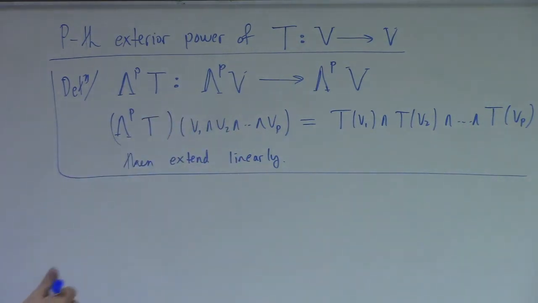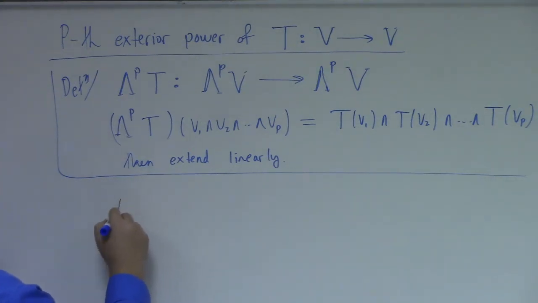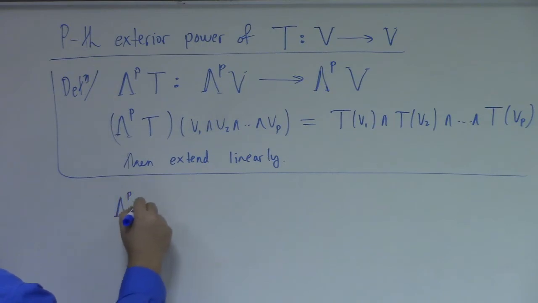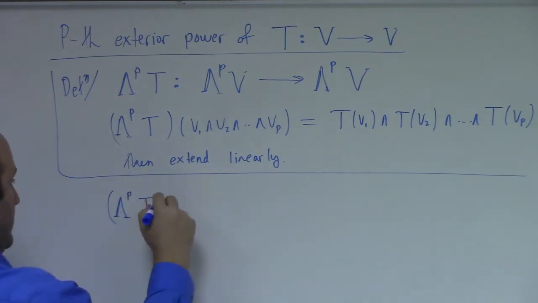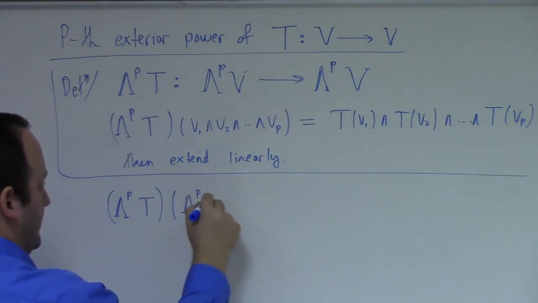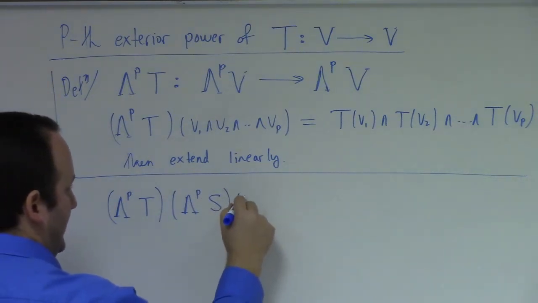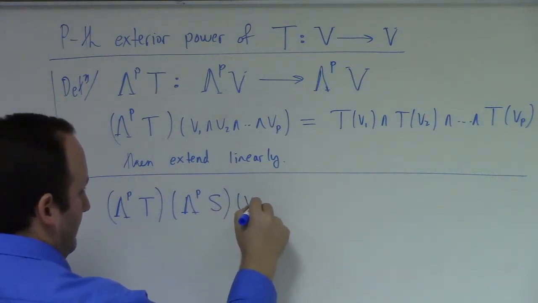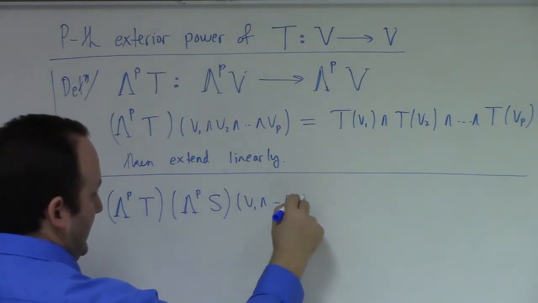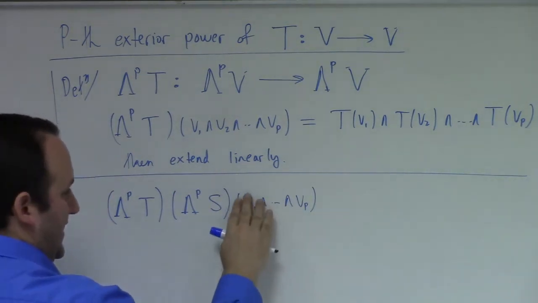What are the other properties of it? Well, what if I had two such things? What if I had the Pth exterior power of T composed with the Pth exterior power of S, acting on V1 wedge ... wedge Vp? Let me just call this thing x.